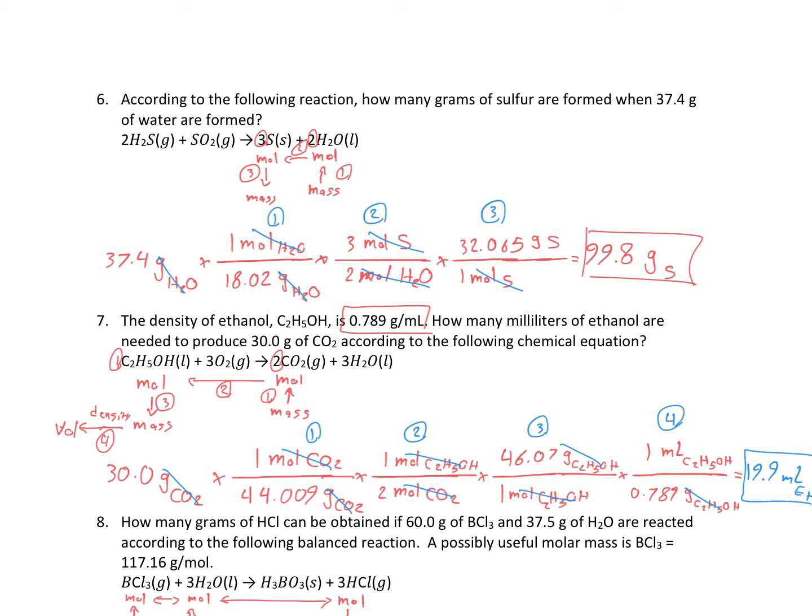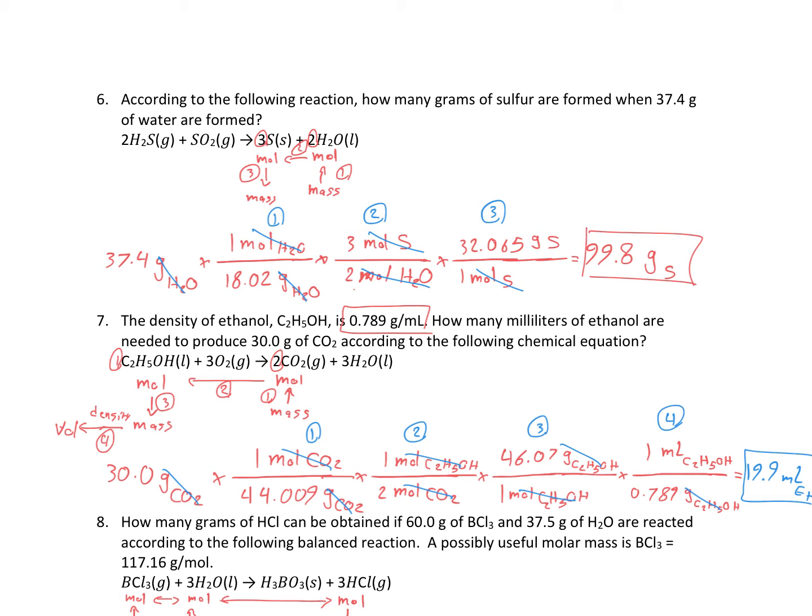You start with the mass of water, which is given. Use the molar mass of water. You want to get rid of grams of H2O, so you put the grams of H2O on the denominator and the mole of water on the top. Then the next one uses stoichiometry: you see the coefficients in the balanced chemical equation, 3 sulfur and 2 water.